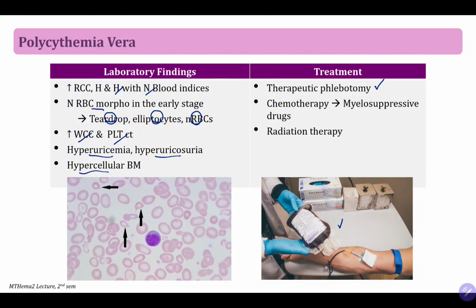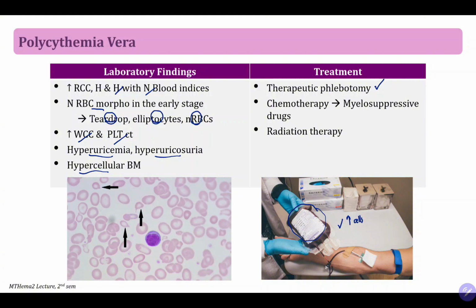Okay? And then, take note that this blood na nakuha sa patient with polycythemia vera cannot be used to donate blood. Okay? Usually, tinatapon na natin yung nakuha nating dugo from patients with PV kasi it has increased number of cells and hindi yun pwedeng ibigay sa ibang patient. Okay?